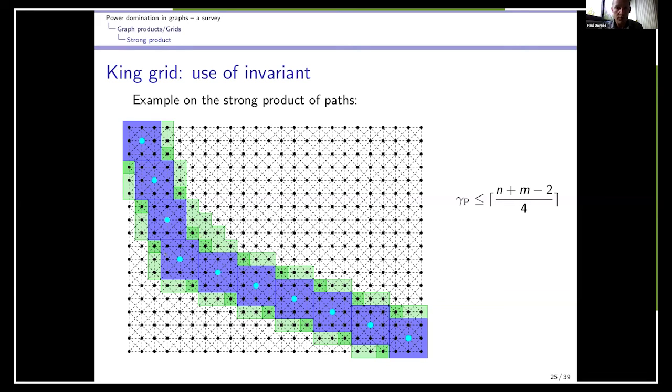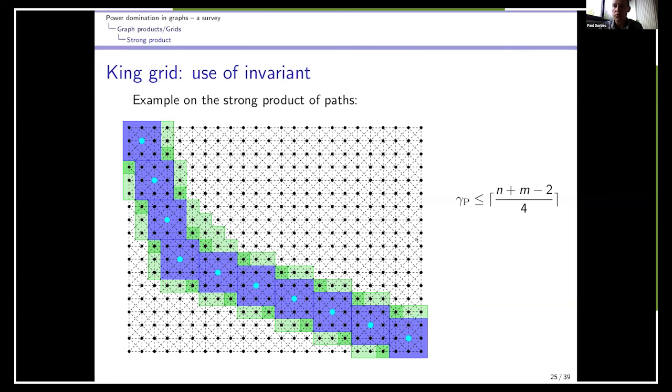So you have 4 steps between every two vertices. And this is why the number of vertices you pick is about n plus m, the half perimeter, over 4, because you move by 4 edges on the square grid each time. Yes? And the minus 2 is because of the corners. Okay. And now, if you do this, you see that this will propagate to the whole graph.